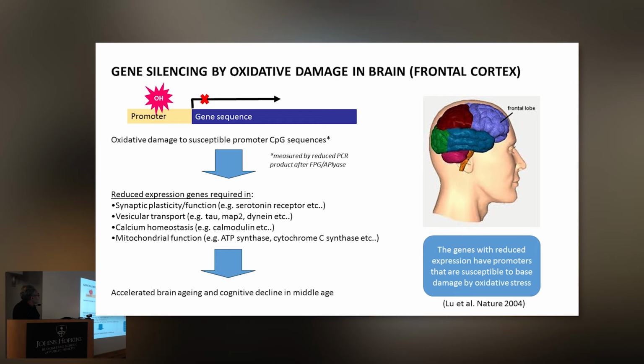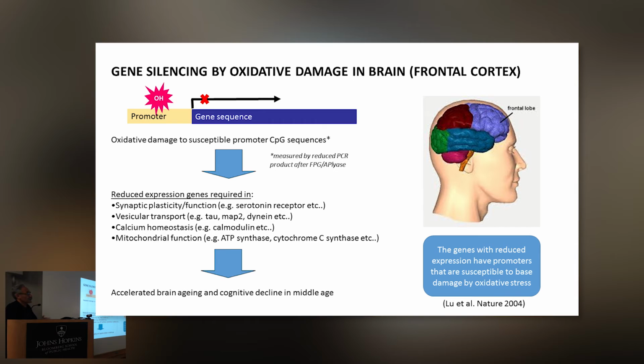And they studied oxidative damage in these promoters, and they showed that these genes involved in synaptic plasticity, such as the serotonin receptor, vesicular transport, such as tau and MAP2 and dynein, calcium homeostasis, such as calmodulin, and mitochondrial function, such as ATP synthase and cytochrome C, had reduced expression because of oxidative damage to the promoter.